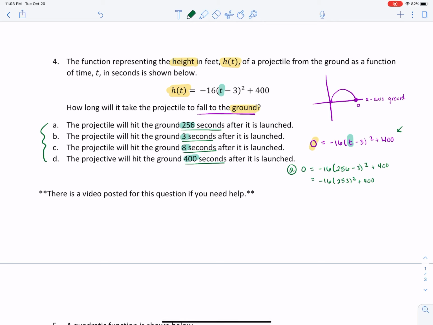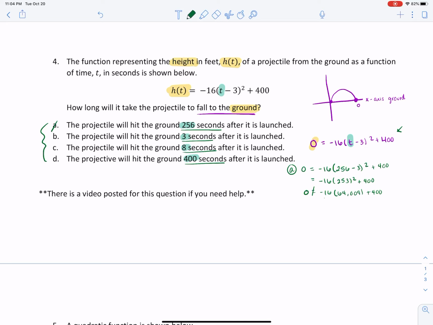So 253 squared is 64,009. So now you're going to do negative 16 times 64,000 plus 400. That is never going to give us 0. That number is way too big. Okay, so A is not the answer.